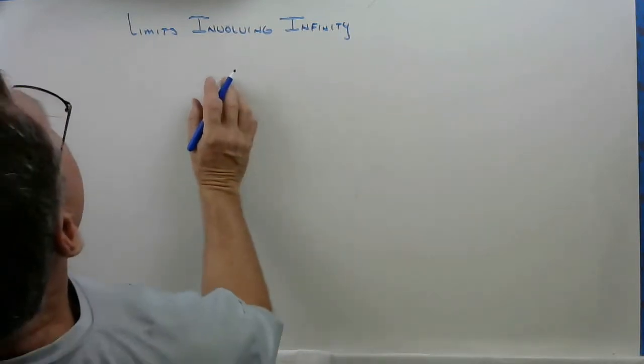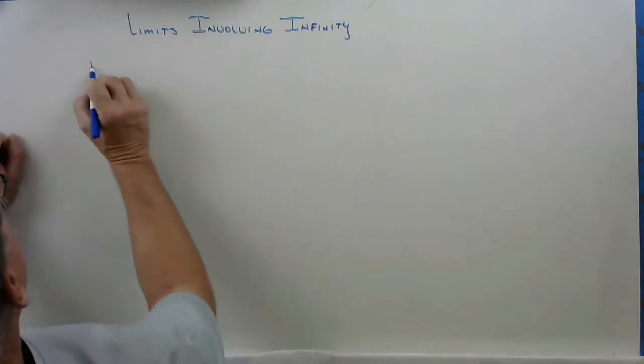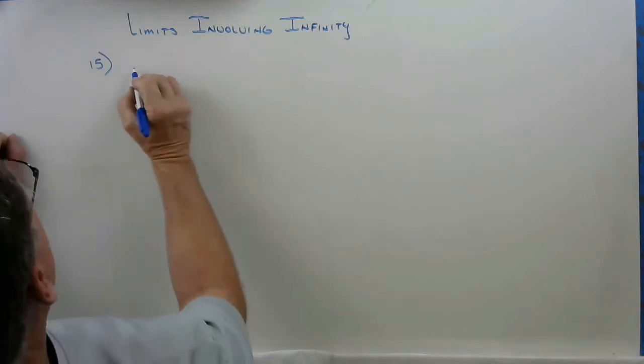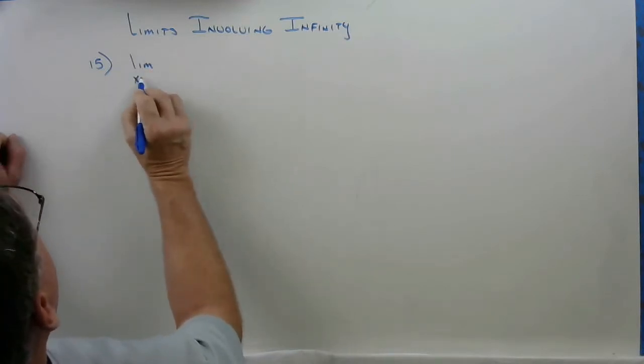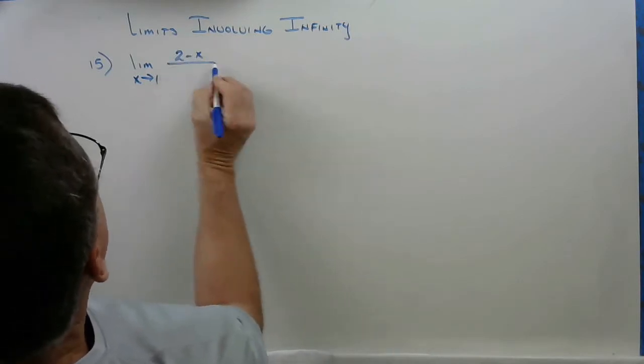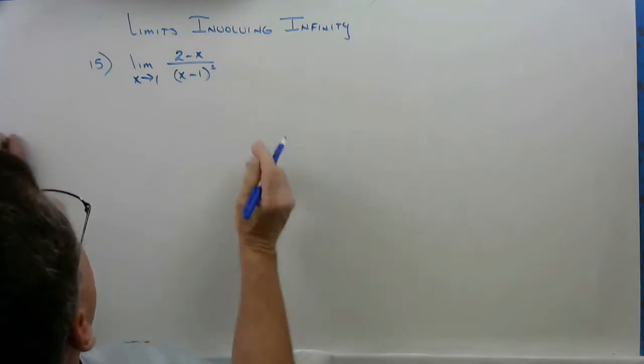We'll start with something like this one. Say something like, out of my book, number 15, we want the limit as x approaches 1 of (2 minus x) divided by (x minus 1) quantity squared.